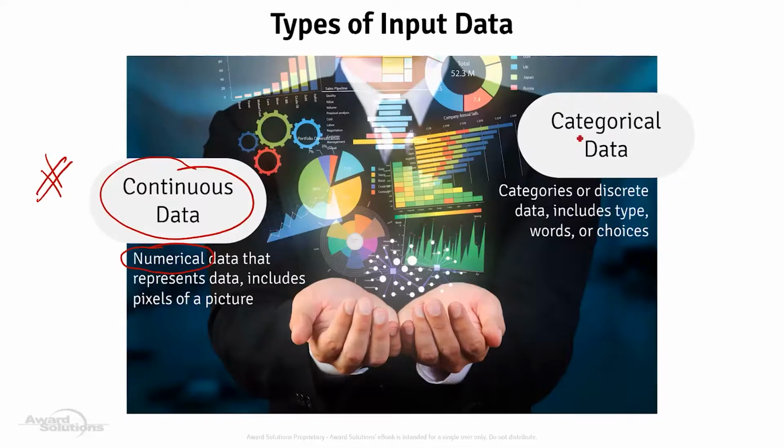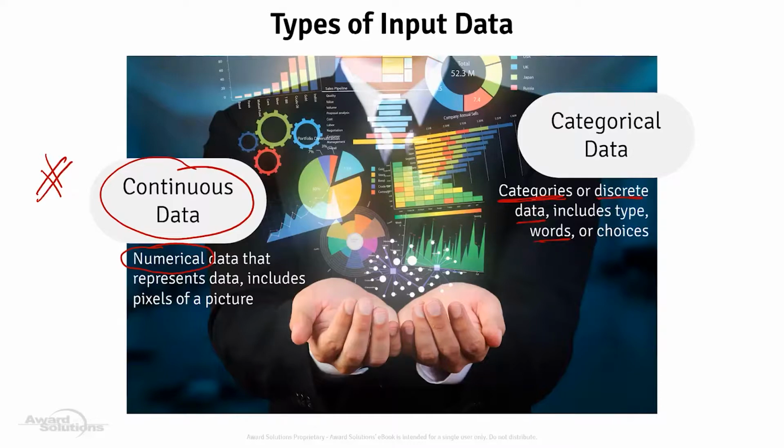Categorical data is more dividing things into categories or discrete data types. Maybe this is going to be words, or maybe this is going to be choices of things. So some of my favorite examples is if we were trying to do some type of analysis of phones, which types of phones sell more? One of the things I would need to include would be things like, what color is the phone?